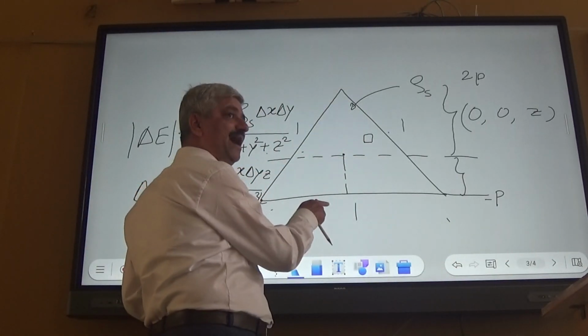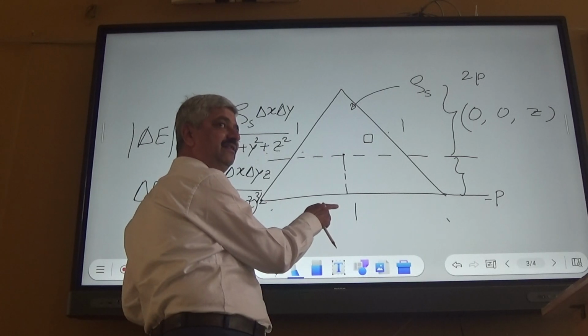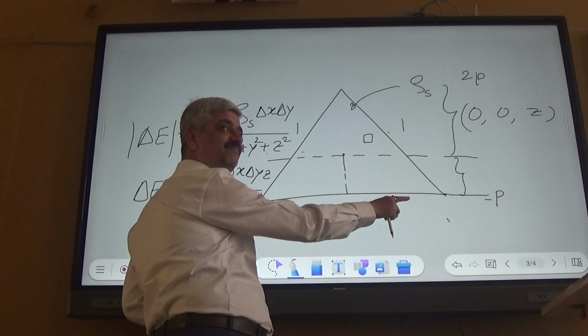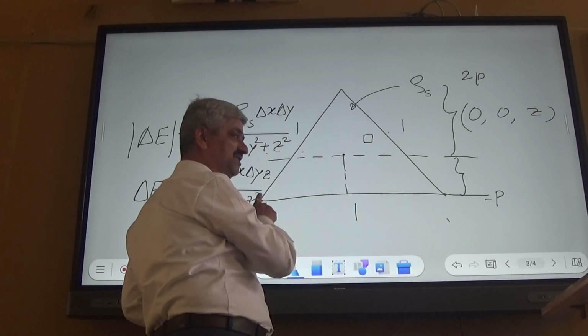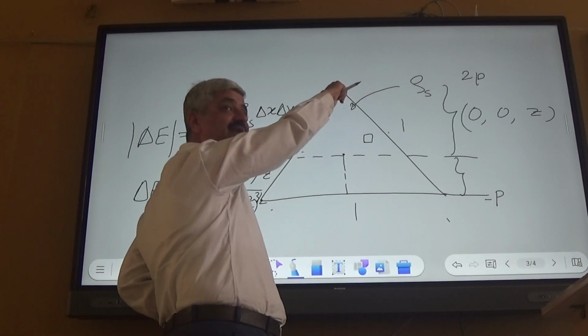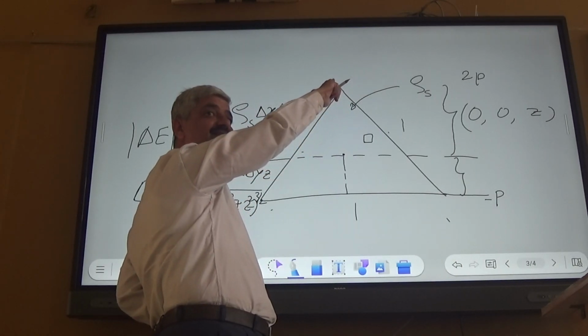When I am at y equal to minus p, limits of x are minus half to half. And when I am at y equal to 2p, limits of x are 0 to 0.